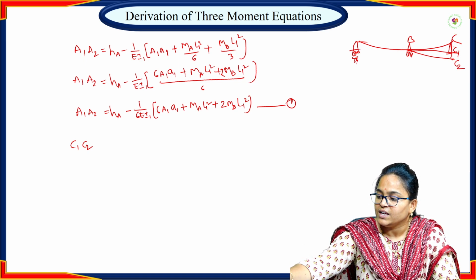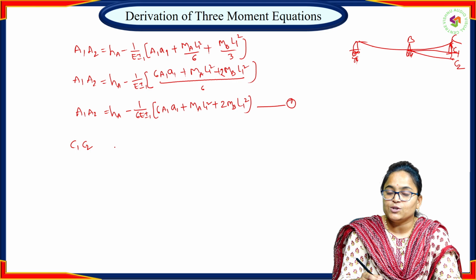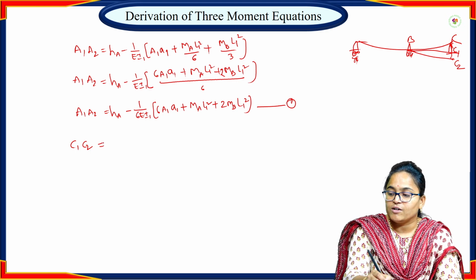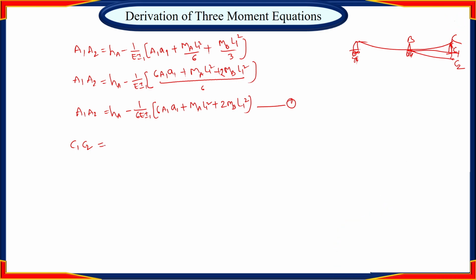Now we are finding C1, C2. C1, C2 represents the deflection of C with respect to B.